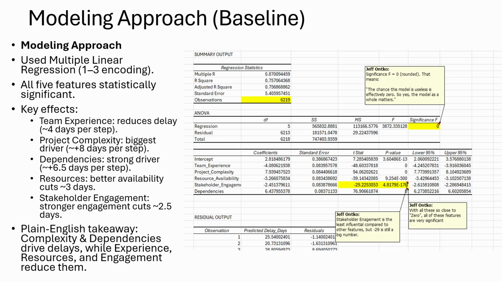So basically, this regression confirmed what many project managers already know. Project complexity is really the biggest driver of delay, adding almost 8 days for each level, which makes sense if you think about an ERP rollout, like NetSuite or Salesforce.